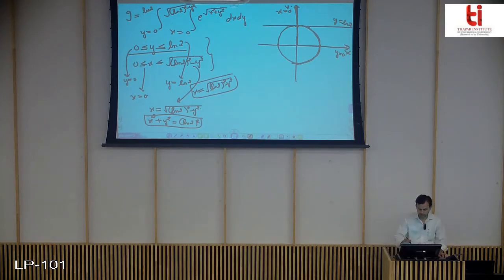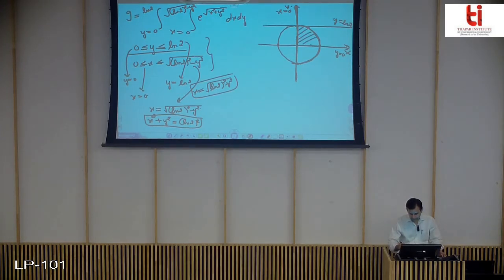And this is your x equals 0. Now the region of integration between y equals 0, y equals ln2, x equals 0, and your curve x less than or equal to square root of (ln2)² minus y², or simply the circle. So the region of integration here comes out to be this one.